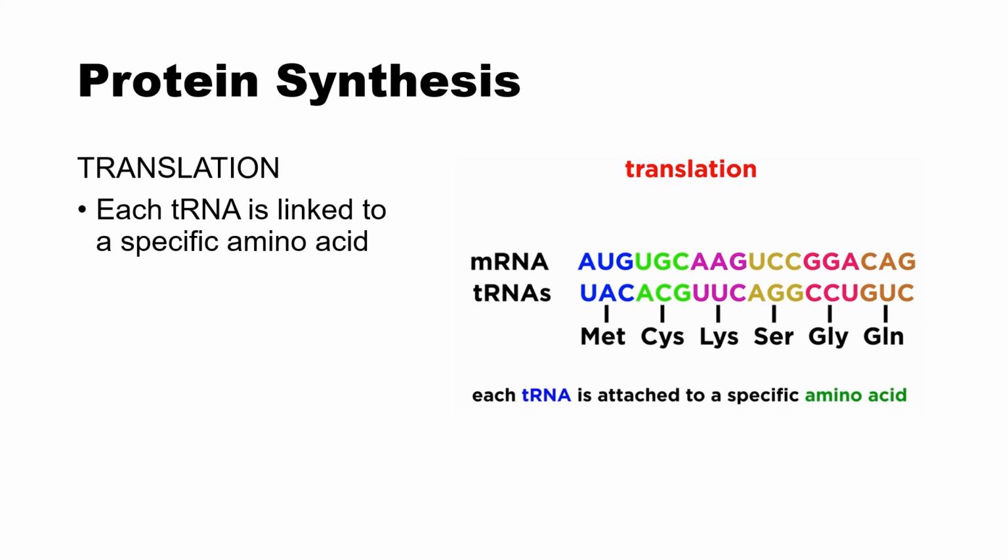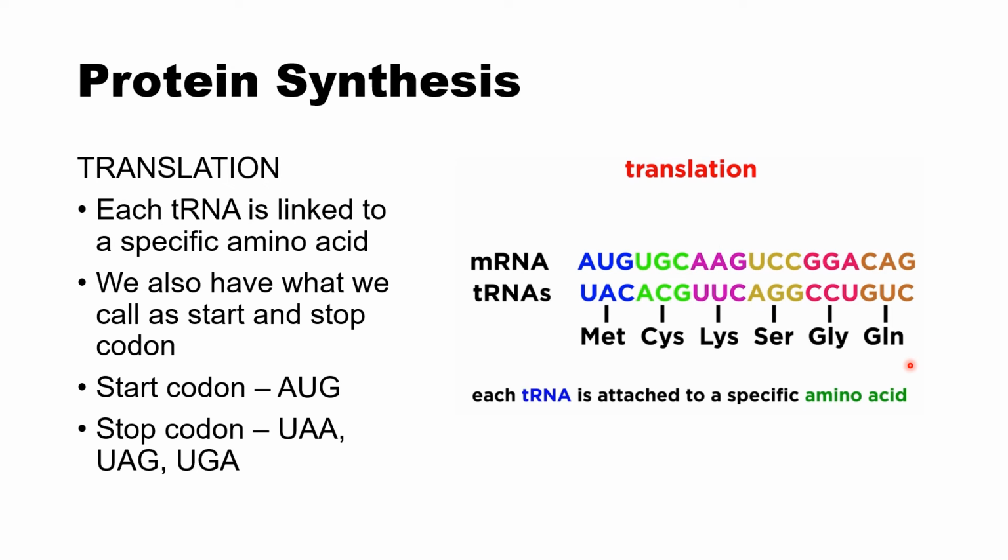So, we also have, nga pala, sa codon, what we call as a start and stop codon. So, yung start codon, yun yung AUG, and then yung stop codon, yung mga UAA, UAG, UGA. So, during translation, palaging nag-i-start sa codon na AUG. So, meaning, yung una or yung palaging na-produce na amino acid is methionine.